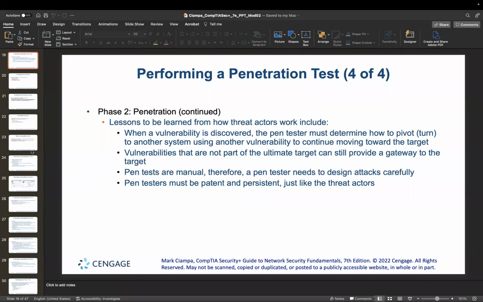So pen tests are manual, therefore a pen tester needs to design attacks carefully and artistically. Pen testers must be patient and persistent. It takes time to pen test the system, right? Especially when it comes to enterprises. There are times of the day that the systems are more vulnerable because of the processes that happen in the network. Even some network maintenance processes can help a pen tester to attack a system better.